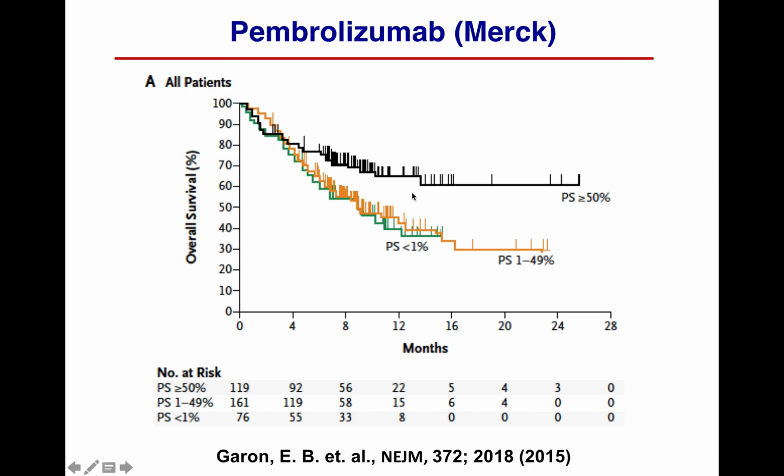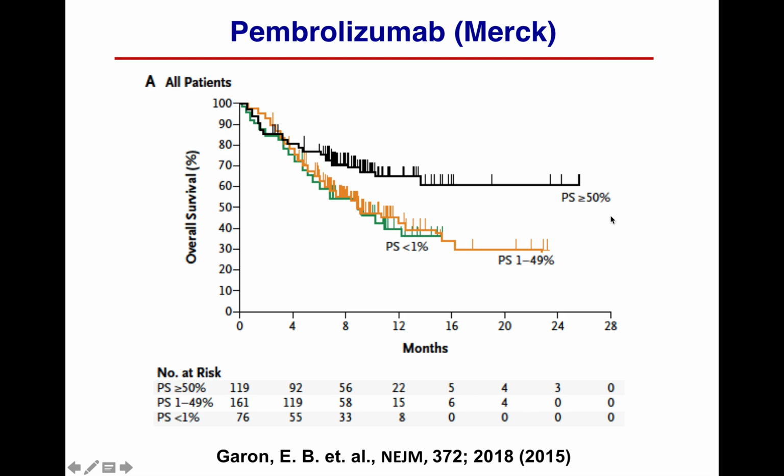Now it's turned out to have a very positive effect. You can see here the bar has been raised quite a bit with these patients. What this shows you is that patients that have expression of PD-L1 do better than ones that don't.